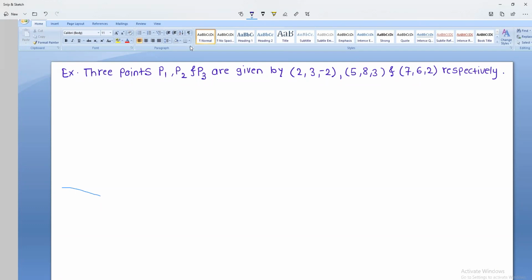Obtain: first, A is the vector from P1 to P2.